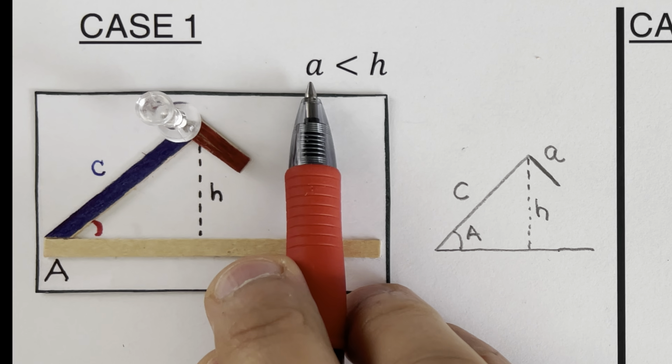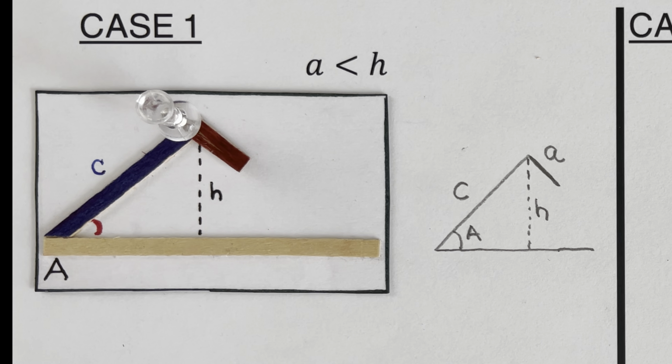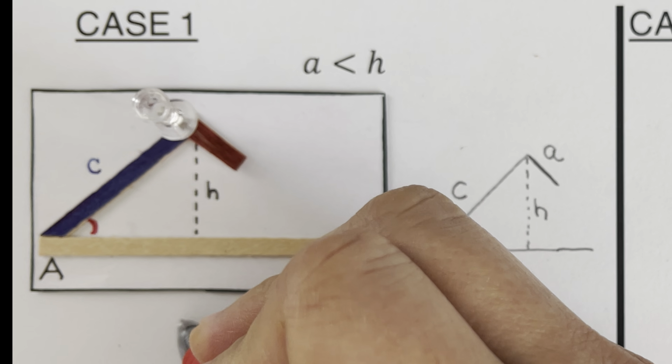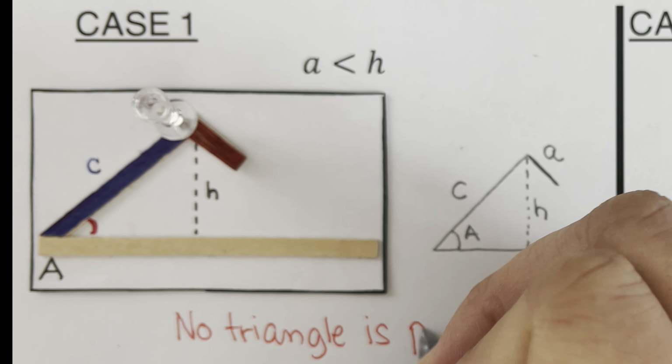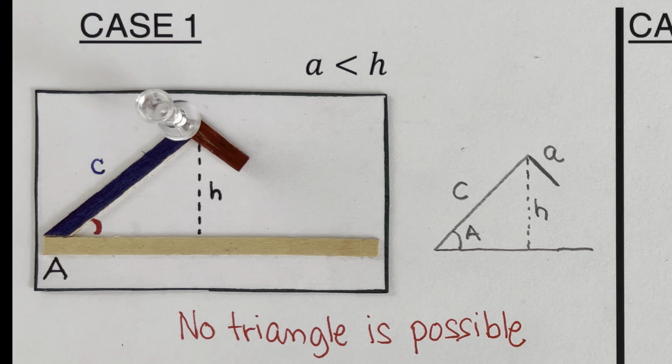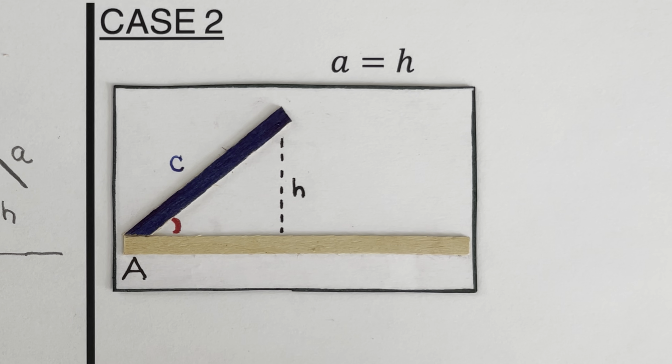So for case 1, if a is less than h, no triangle is possible. I'm just going to write that down here. The reason there's no triangle possible is that a is way too short to reach.